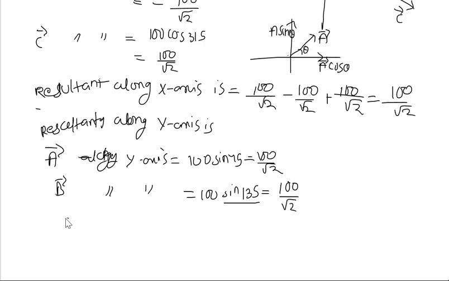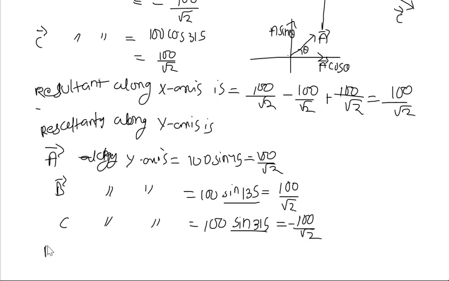Now C along the y-axis is 100 sine 315 degree, which is minus 100 by root 2, as sine 315 degree is minus 1 by root 2.